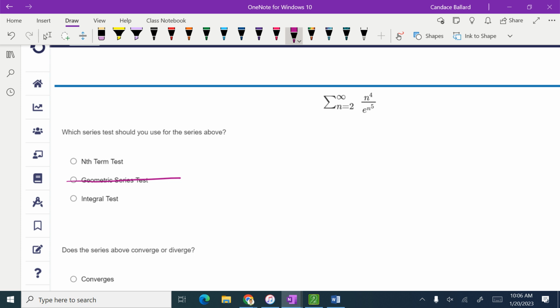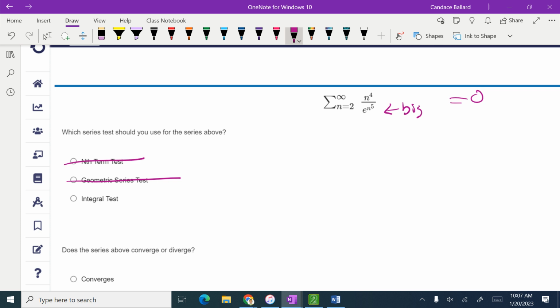If I did nth term, I would have to do a bunch of L'Hopital's rules. But which one of those is winning, the numerator or the denominator? Which one's the winner of the size? Denominator wins, that's bigger. So if my denominator is bigger and I took the limit as we approached infinity, we would get 0. So what does that mean about nth term?